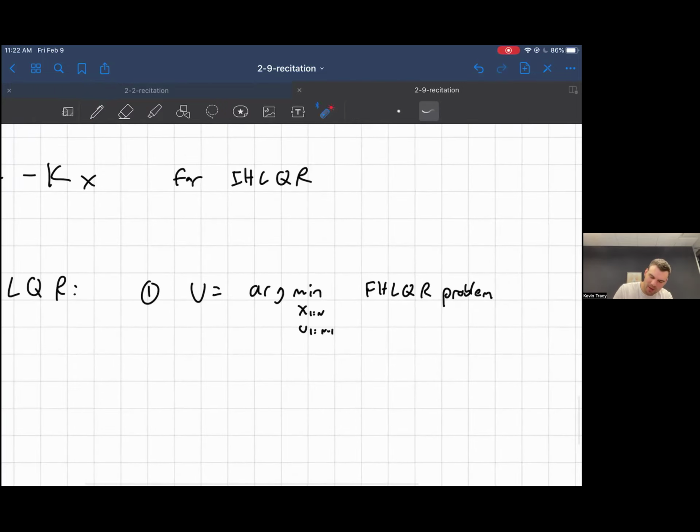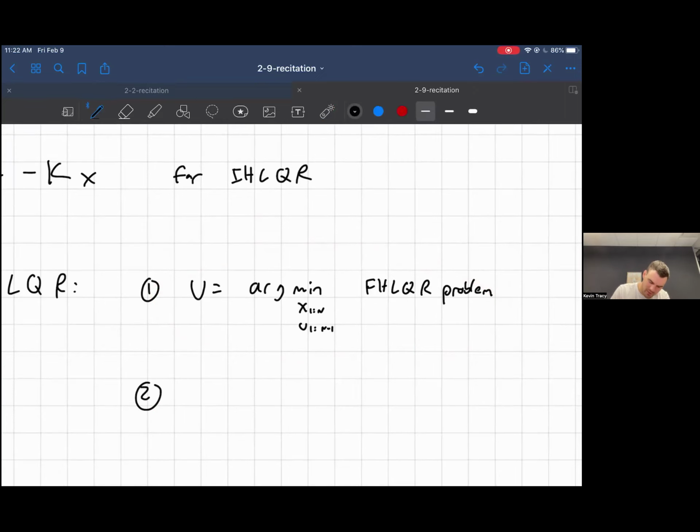At every time step, I can form and solve this QP. That is my first option. My second option is I use my feedback policy that I solve for with finite horizon LQR.